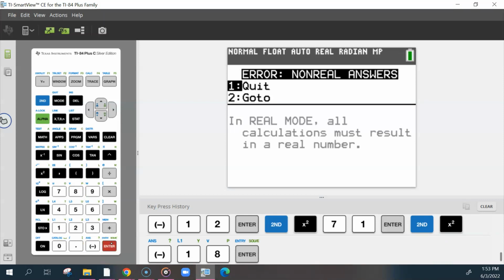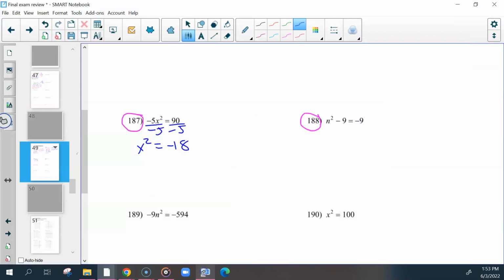So anytime you have a negative underneath the square root, and here we would say that's negative. Questions on that one?